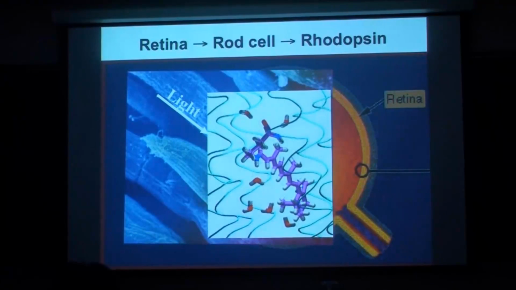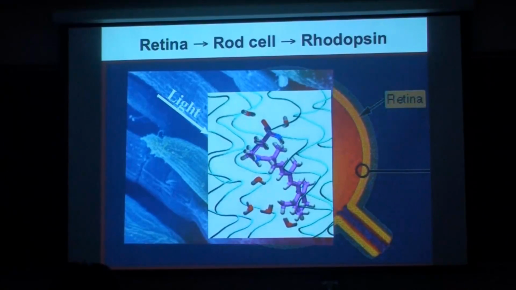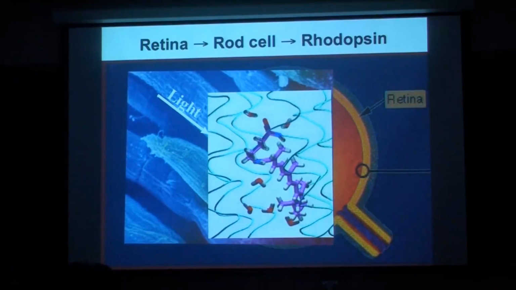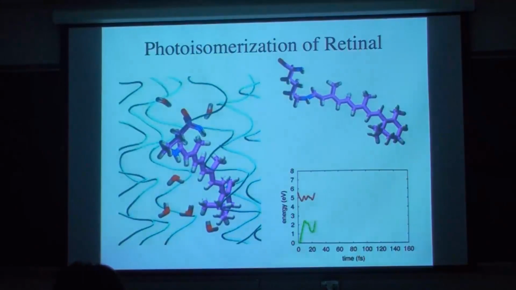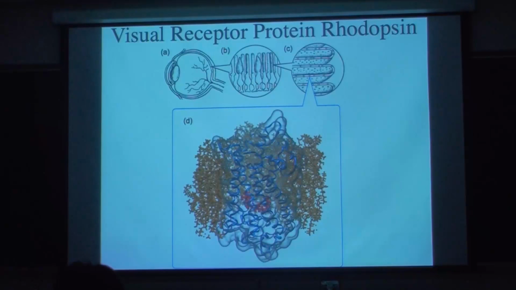So then I showed you the process that happens when light hits a molecule. The molecule changes its conformational state, and so we looked at it. And we have now this molecule, rhodopsin. This is the membrane, and here's the eye, there's the retina, and here we have the rods and the cones.